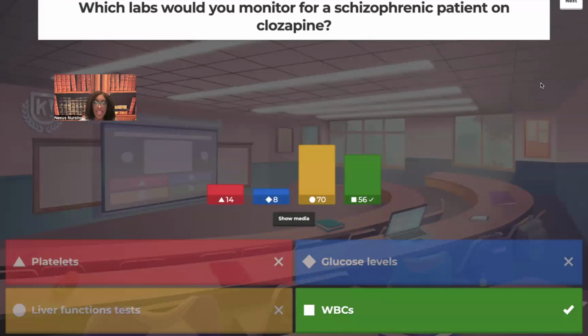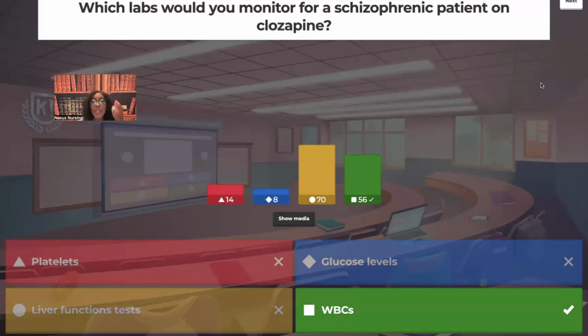But if you get a question that's asking you about a specific drug and what you are going to monitor for, if you have no idea what the answer is, take your chance going with liver function because you'd be guessing anyhow. But even if you had an inkling, even if you were thinking WBC, go with WBC. Why? Because liver, you're checking liver for everything under the sun because the liver is what metabolizes these drugs.